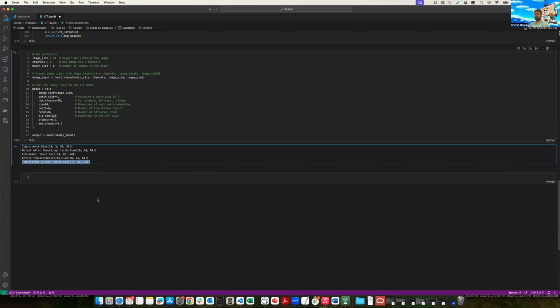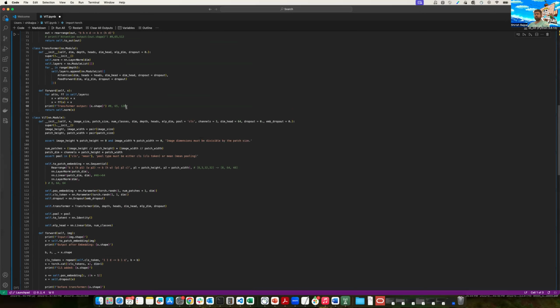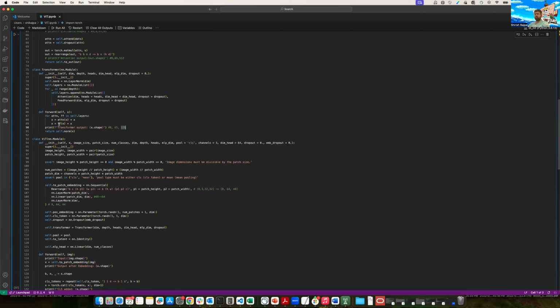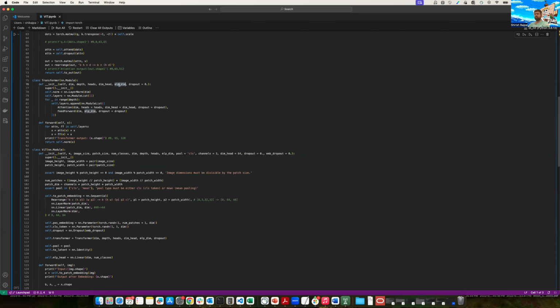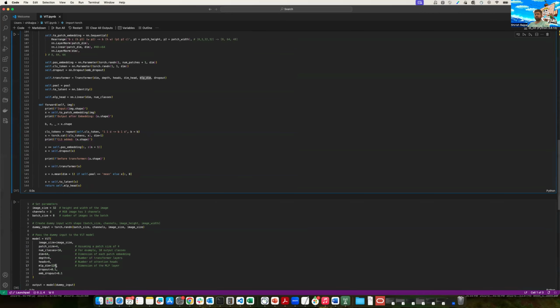Feed forward, MLP dimension, transformer, MLP dimension, 128.